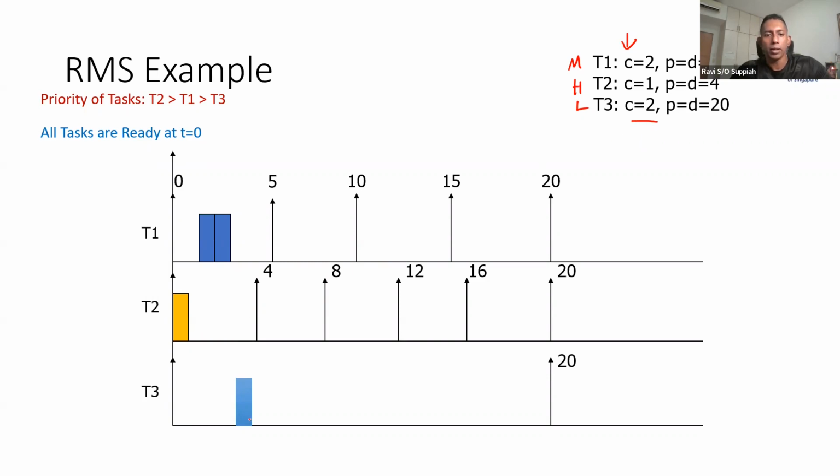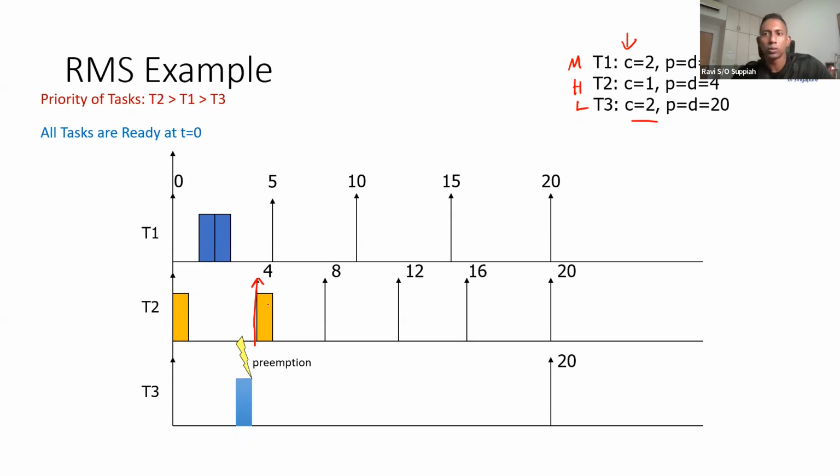When task 3 runs, as you can see, it requires 2 units of time to complete. But the moment it completes 1 unit, the next periodic interval of task 2 kicks in at time t equals 4. Since that is a higher priority task, task 3 gets preempted and we switch to task 2.